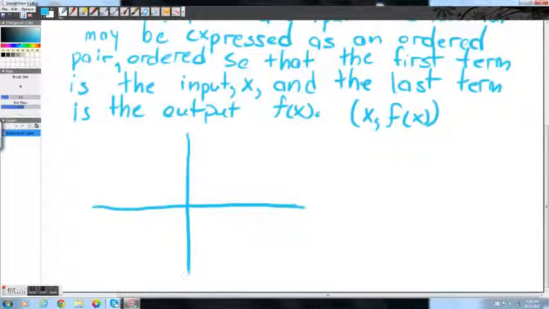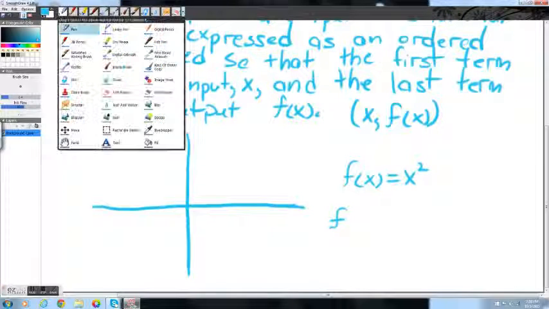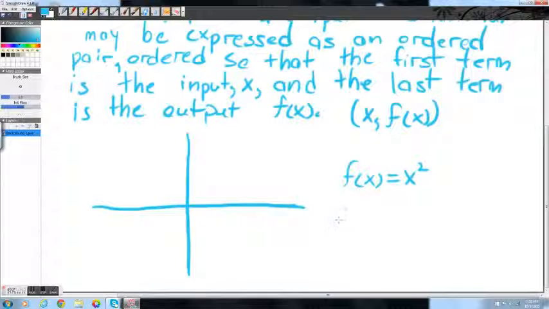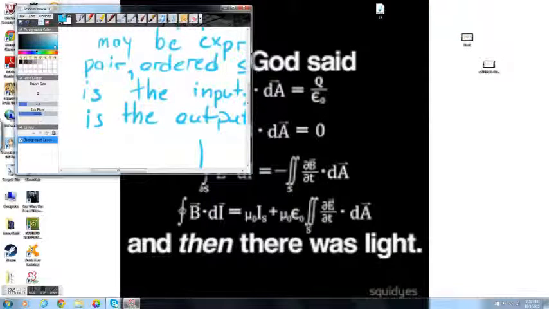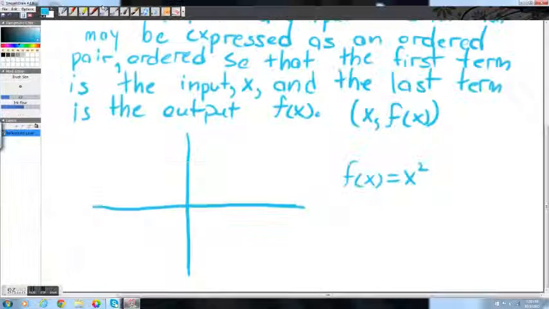So here, that would look like this for our function f of x equals x squared. In our example we had negative 4, but let's use a smaller number, because I don't want to draw 16 dashes. f at 2 is 4.